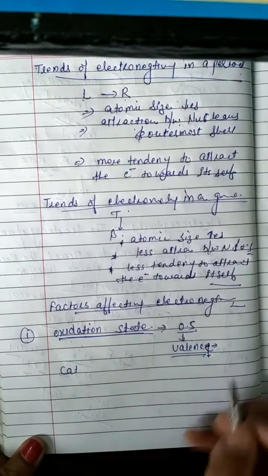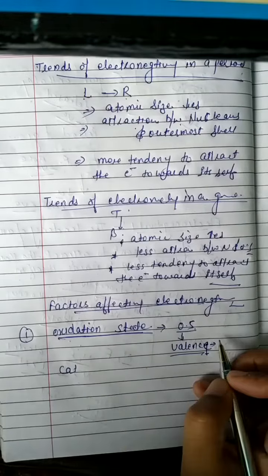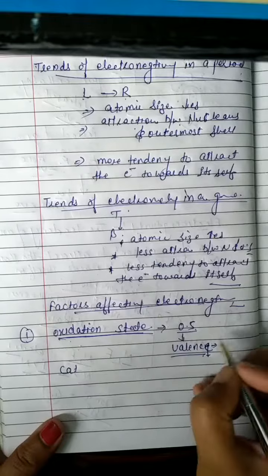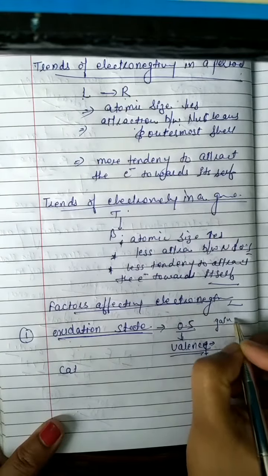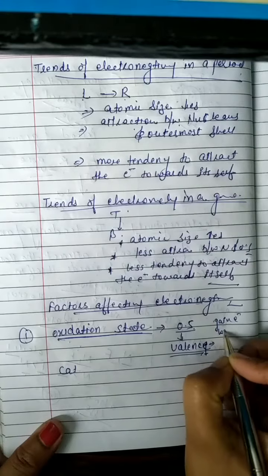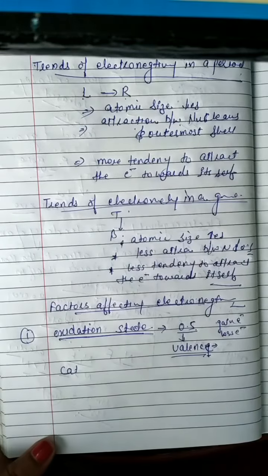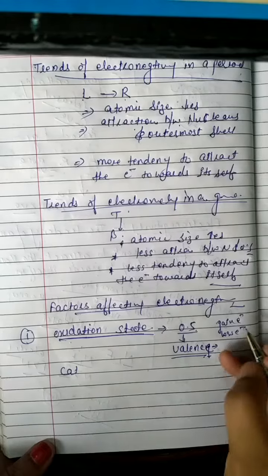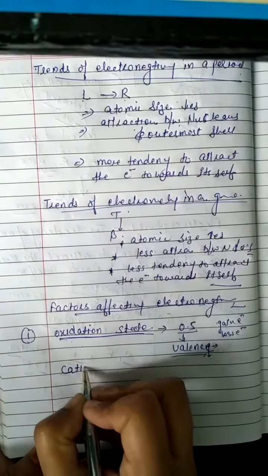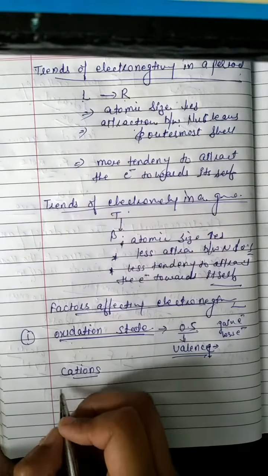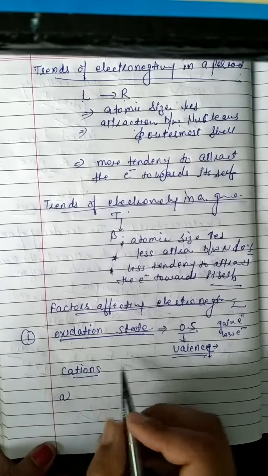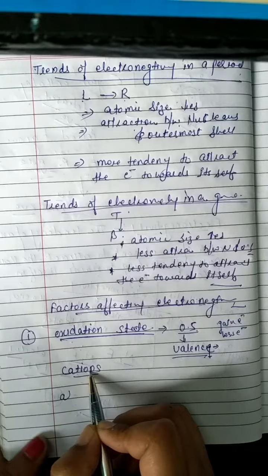In the case of a valence electron or a valency, an atom either gains electrons or loses electrons to complete its octet. If they lose electrons, they form cations.